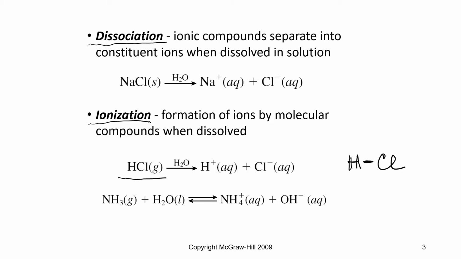And when this dissolves in water, the hydrogen's electron goes with the chloride ion. So we get an ion that is negatively charged, and hydrogen is now without its original electron.